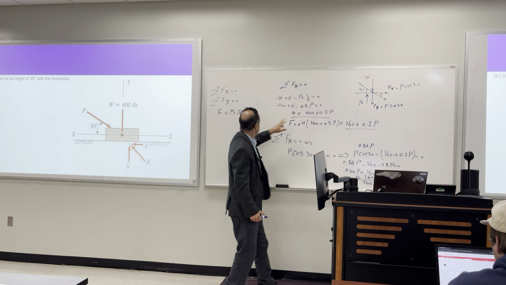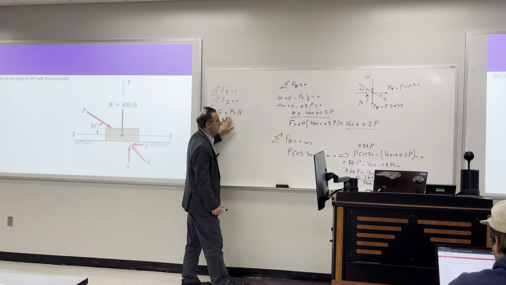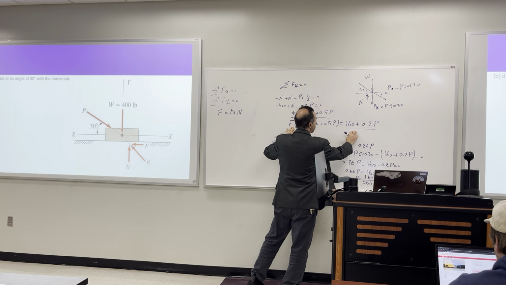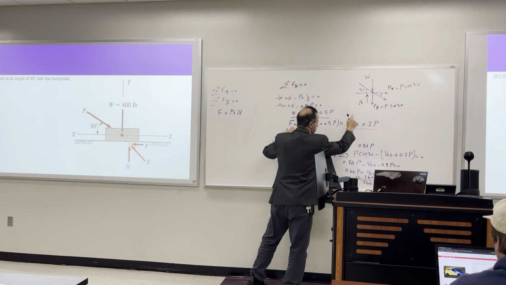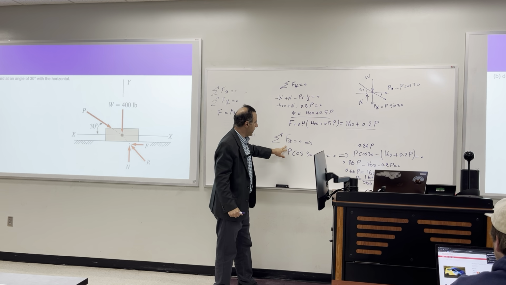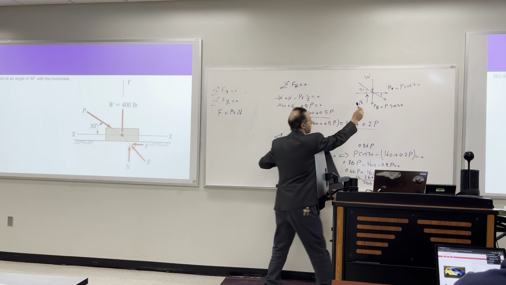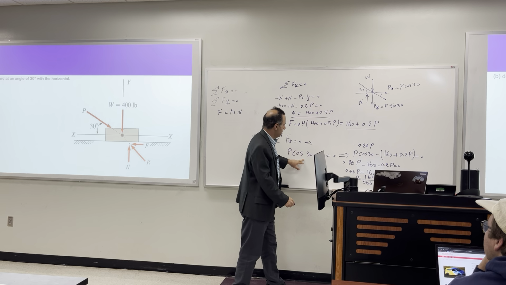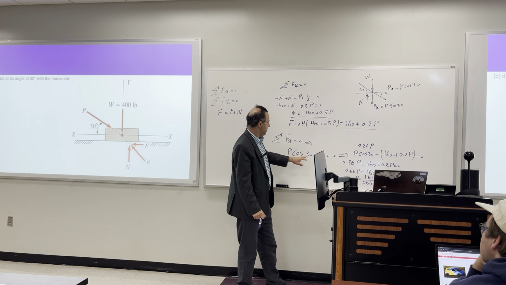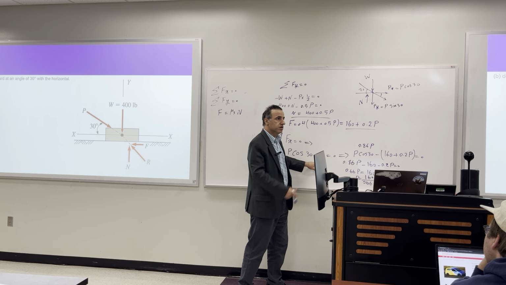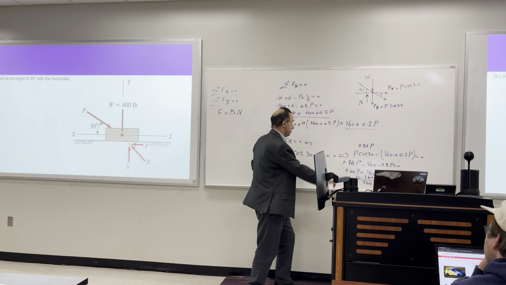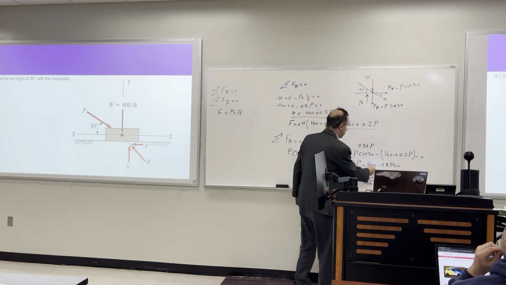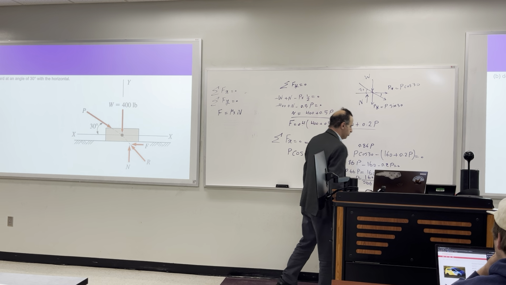Then I use this friction equation to find the friction force. Then I use Fx with this scenario to find the P value, because F was a function of P. So we have P here. We can find P, which is 242.